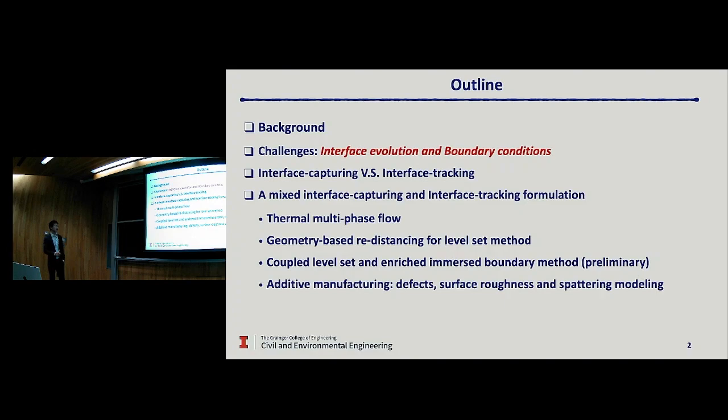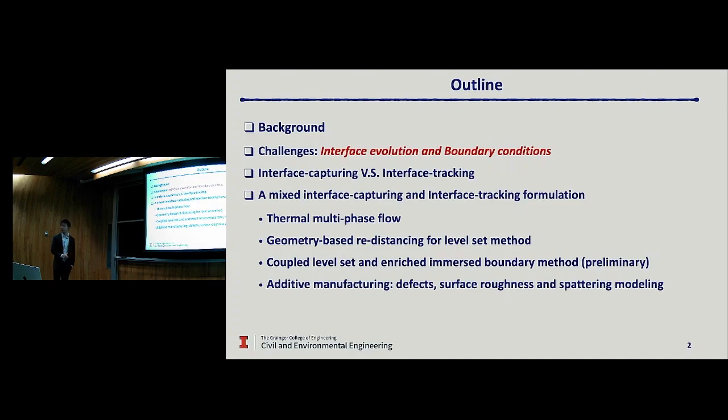The first one is how do you effectively handle the material interface evolution that undergoes topology changes? Number 2 is how to actually enforce the critical boundary condition, especially the Neumann type of boundary condition, on those material interface.